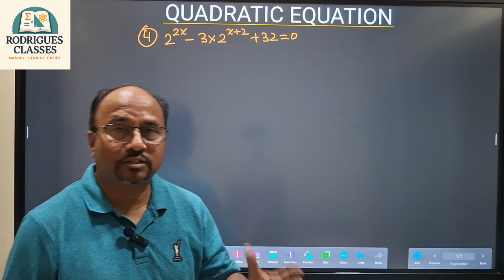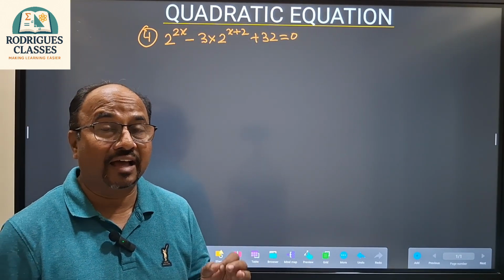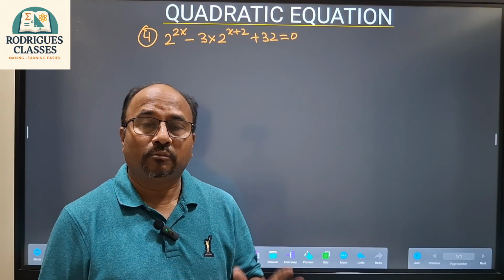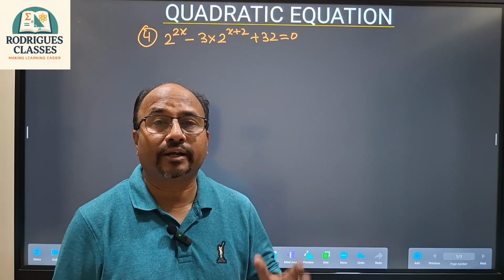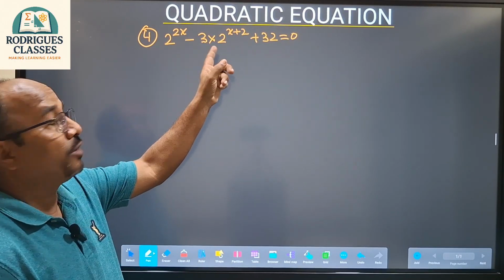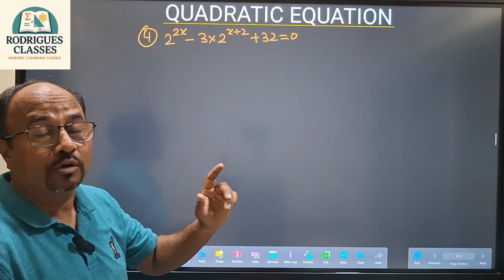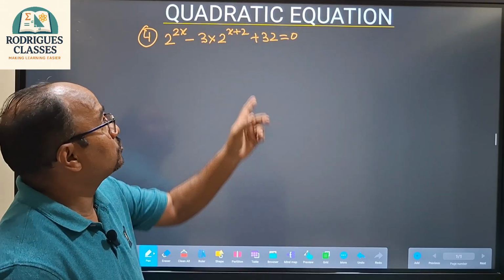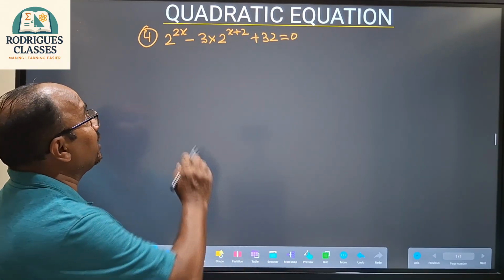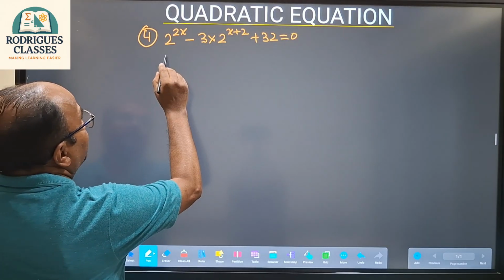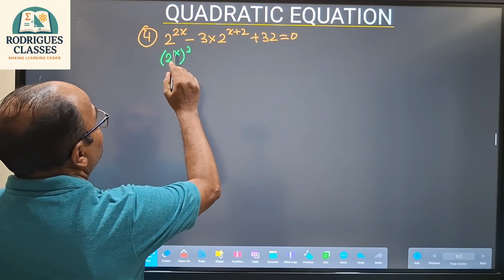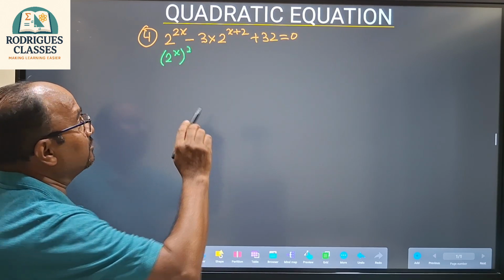So let us come to this sum over here, which has variables in the powers, but it can easily be converted into a quadratic form. The question goes 2 to the power 2x minus 3 into 2 to the power x plus 2 plus 32 equals 0. So let us see what we can do. 2 to the power 2x is 2 to the power x the whole squared, because power over power, the powers get multiplied.